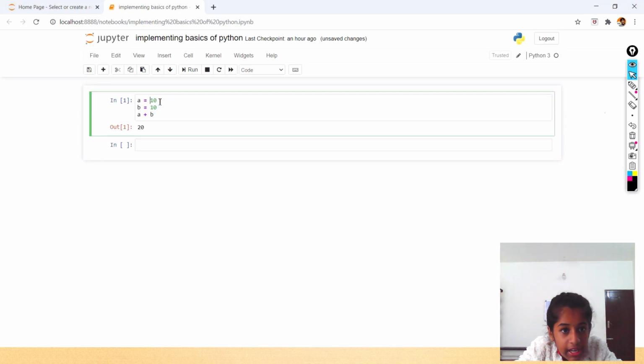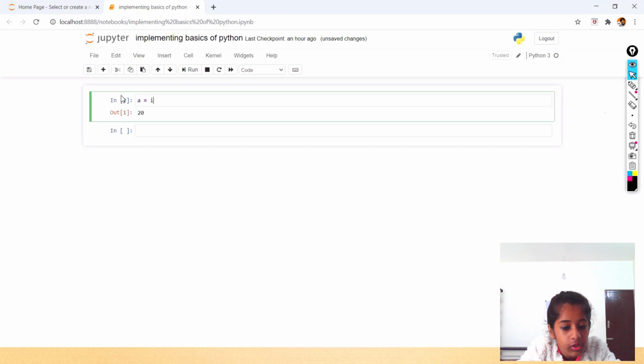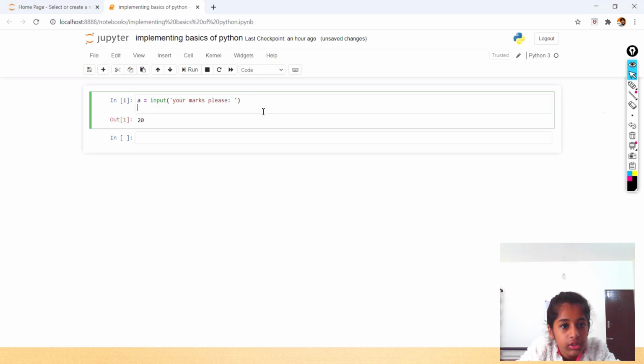When you want to take the input, you take the input. A is equal to input of "Your marks, please." I'm going to give the space. And here B is equal to 10. We'll just take it as a string.